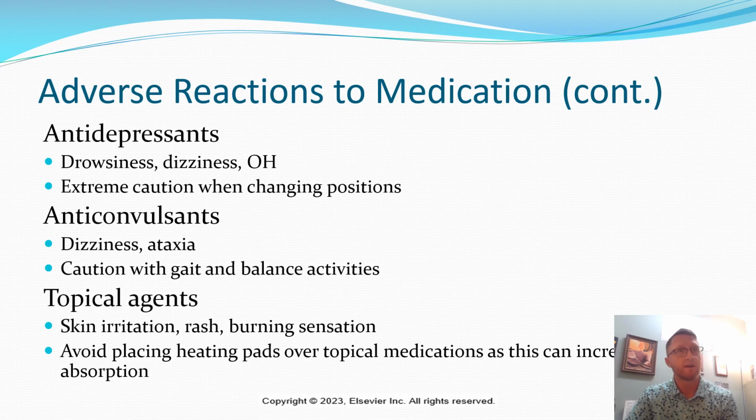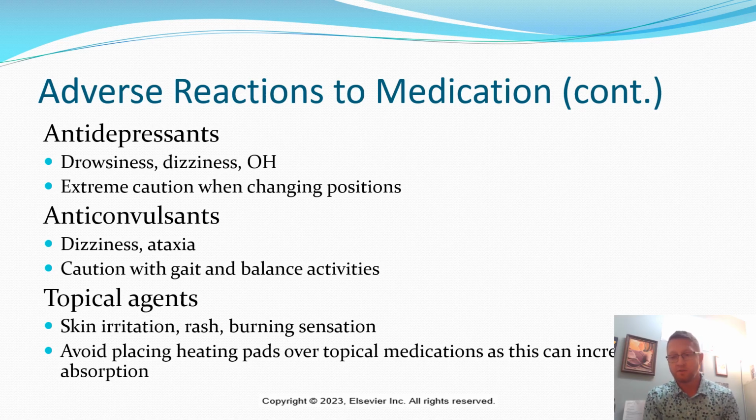Continuing with the adverse reactions, for antidepressants: drowsiness, dizziness, OH or orthostatic hypotension. Just remember that orthostatic hypotension is something that you're going to see with positional change. So your patient is supine, they go to a sitting position, they start to get really dizzy, uncoordinated again.